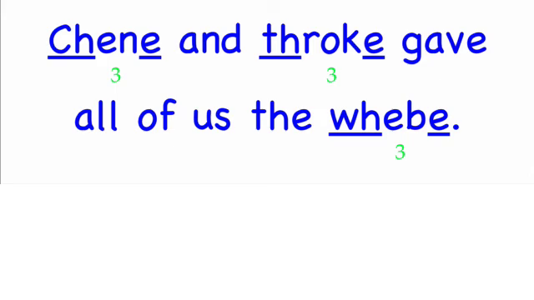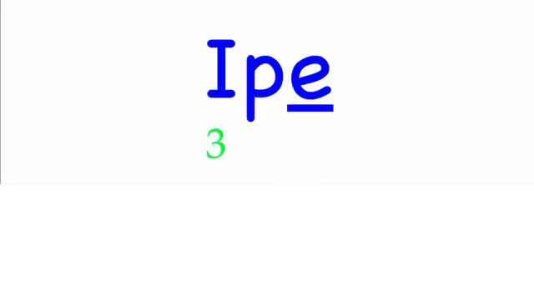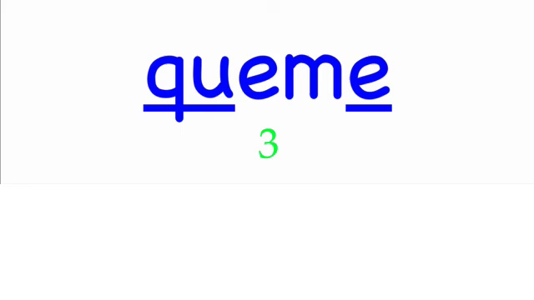Sentence 8. Ipe said that she will queem if we go glean. Ipe, two sounds. I, P. Ipe. Said that she will queem, four sounds, first two sounds K, W, then E, M. Queem.